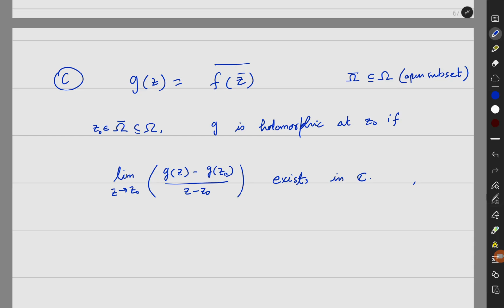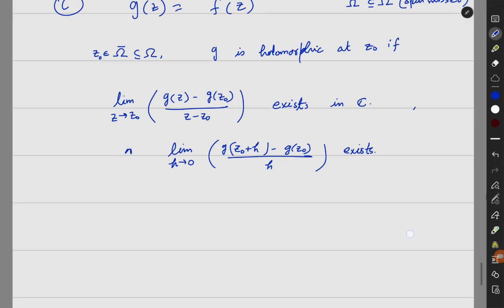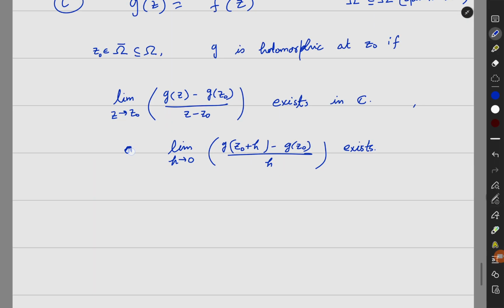Or equivalently, if you take z minus z naught to be h, then the limit h tending to 0 of G of z naught plus h minus G of z naught divided by h exists. So we will show that G is holomorphic at z naught by saying that this limit exists.